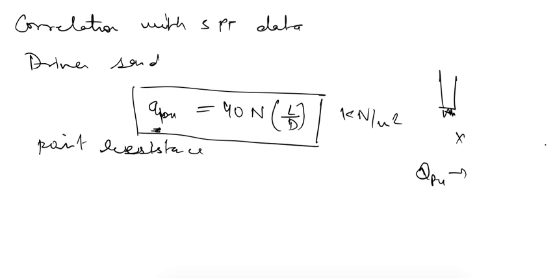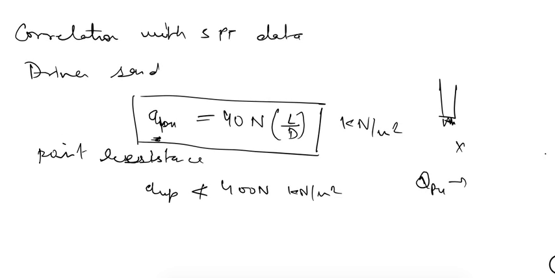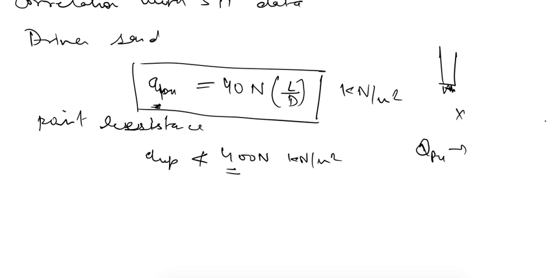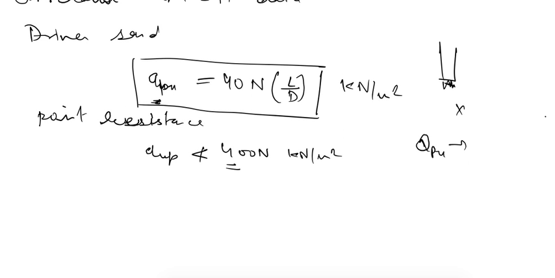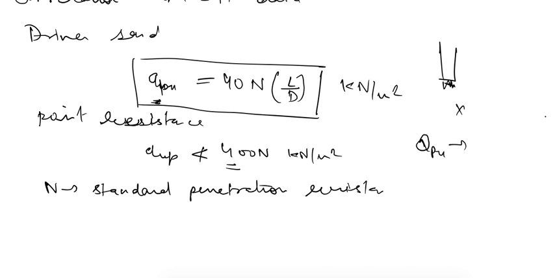So the value of QPU here is limited to 400 N kilonewton per meter square. If it is coming out to be more than this, then we will ignore that. We will take 400 N as a value. And N here is the standard penetration resistance without overburden pressure correction.